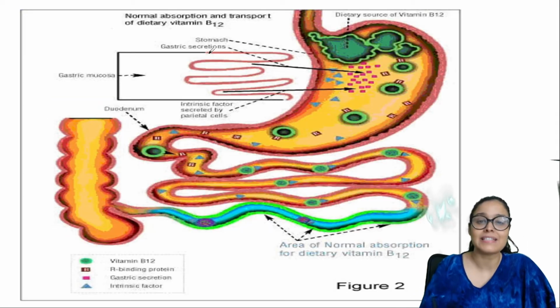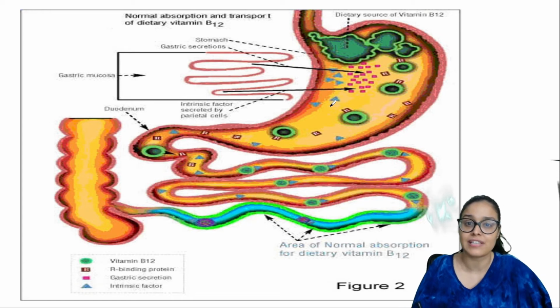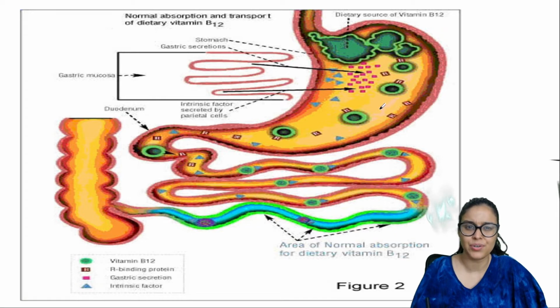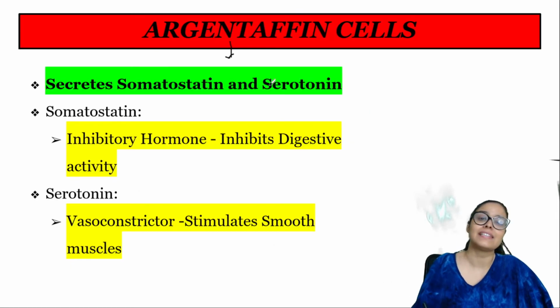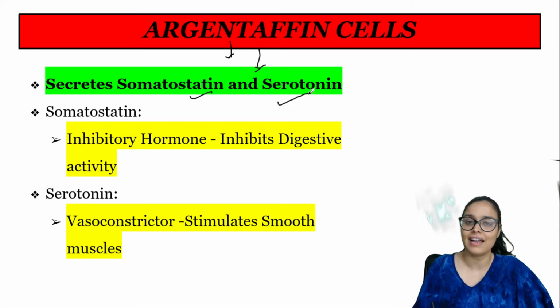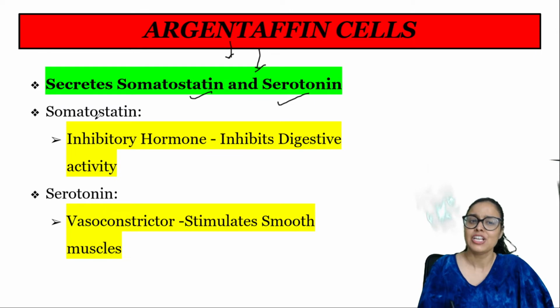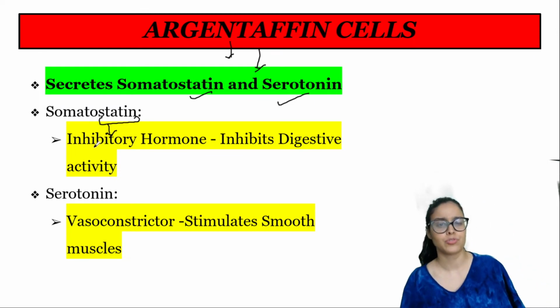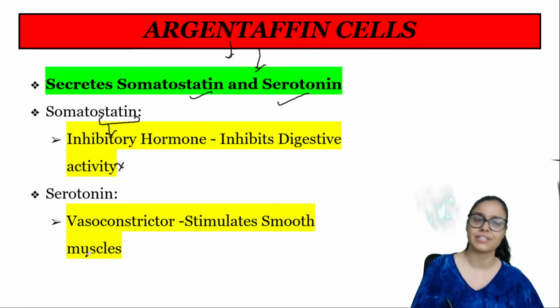Argentaffin cell, and see, they have shown varieties of cells here, right? So here they are showing varieties of cells, which you can see. So next we are seeing the argentaffin cell, which will secrete somatostatin and serotonin. Somatostatin is always an inhibitory hormone, so it will inhibit digestive activity.